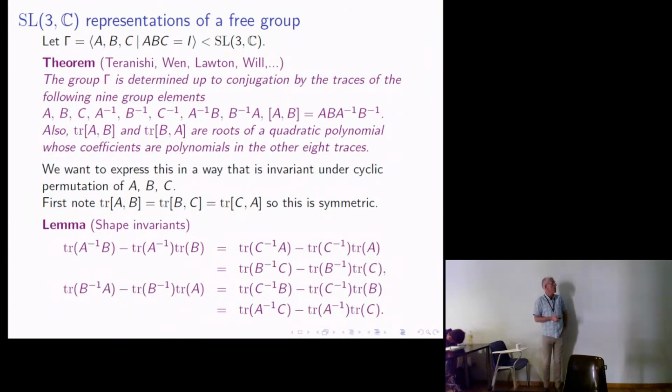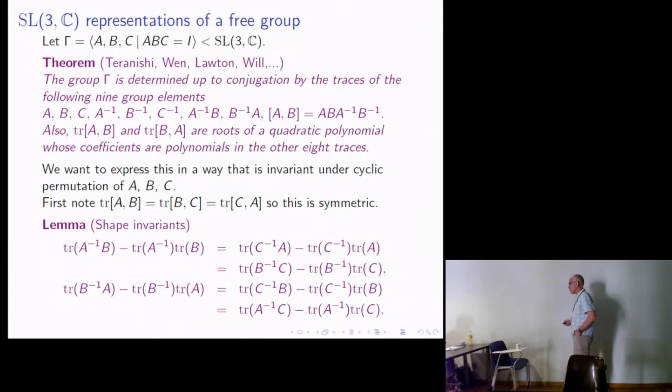Okay, so here these traces are beautifully symmetric in A, B, and C. We know that the trace of the commutator of A and B is the trace of the commutator of B and C, is the trace of the commutator of C and A. So that's symmetric. Ditto for the commutator the other way around.